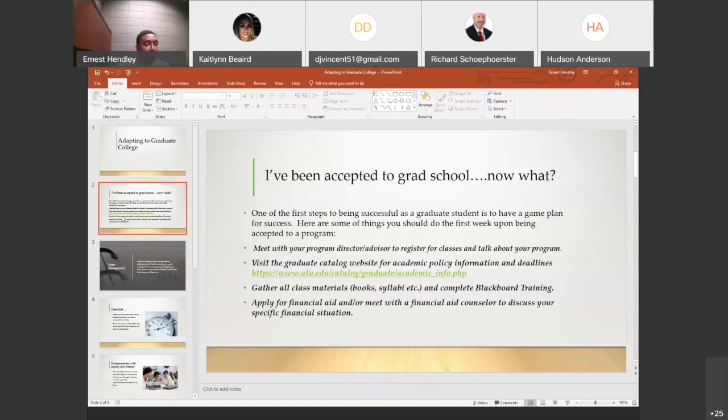Number 2 is to visit the graduate catalog for academic policy information and deadlines.